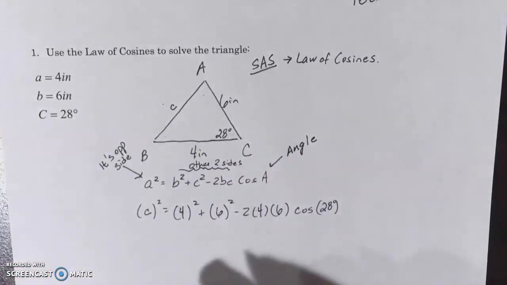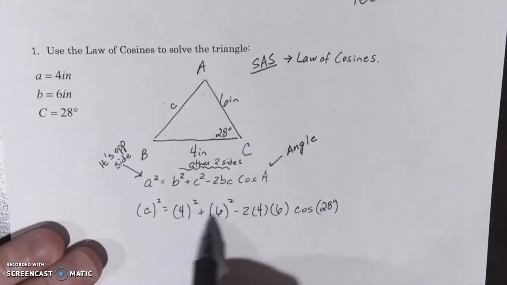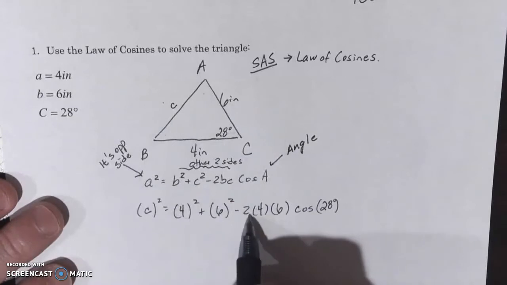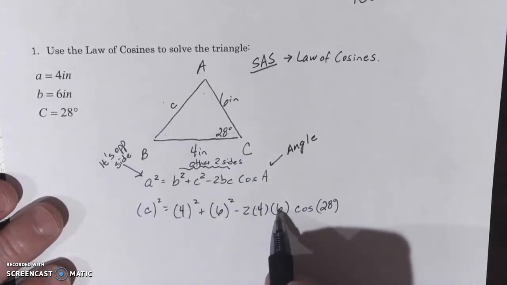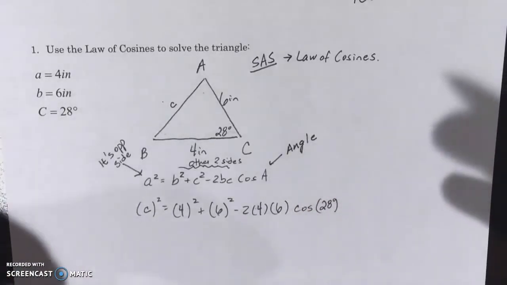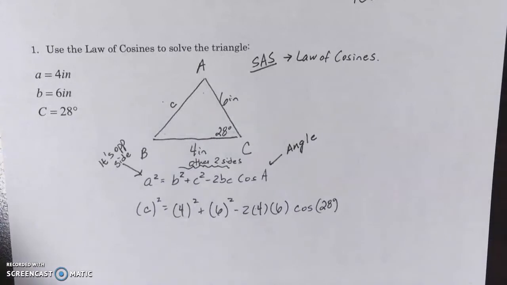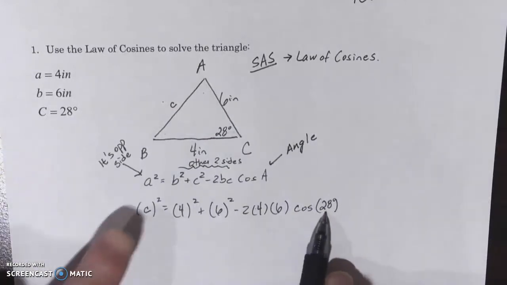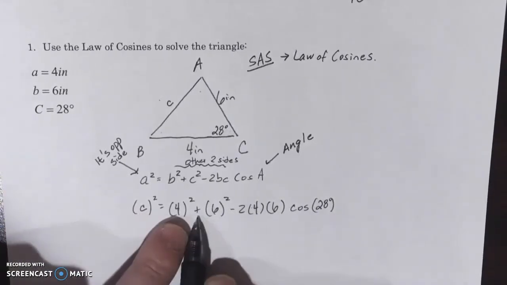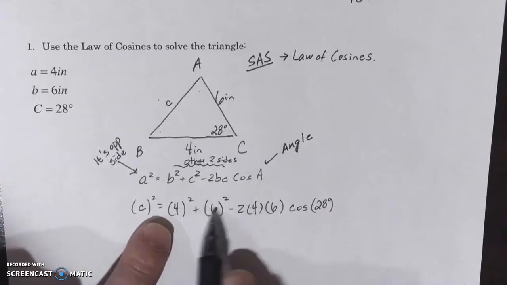Notice it doesn't matter in which order you write them, because when we add these, 6 squared plus 4 squared, that's going to be the same. 2 times 4 times 6 is the same as 2 times 6 times 4. So this is my attempt at having you not memorize the law of cosines, but understand that the angle and its opposite side would be the bookends here, and in the middle we would have those other two side lengths.